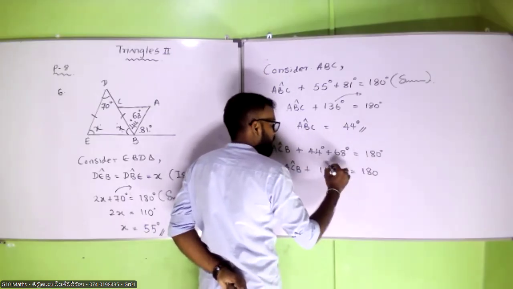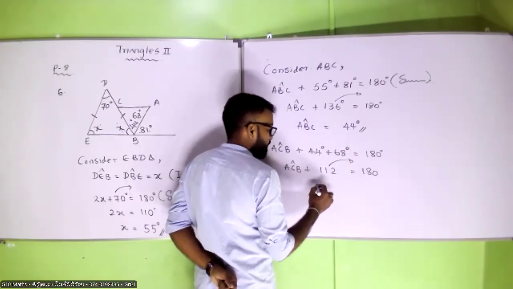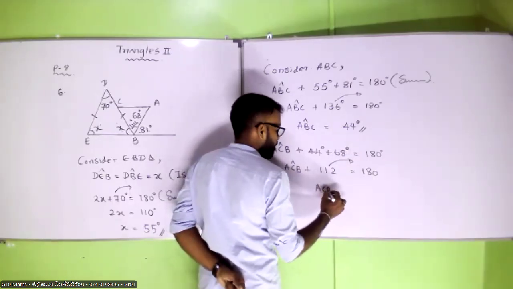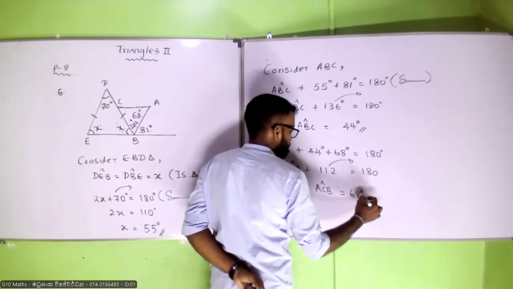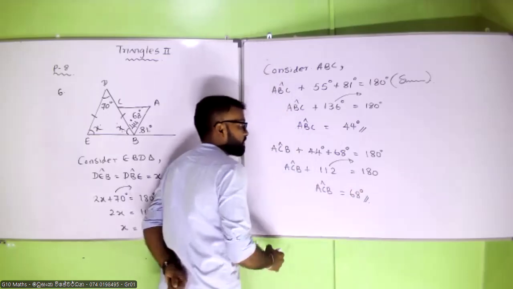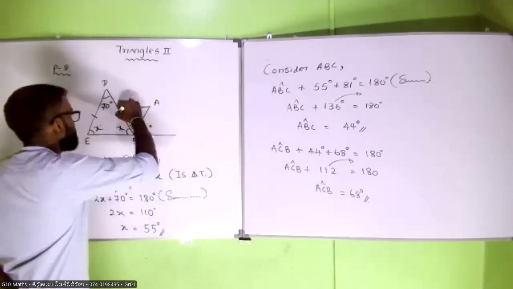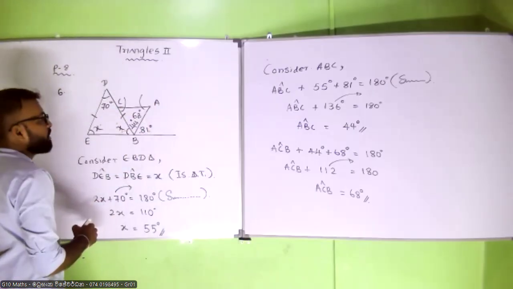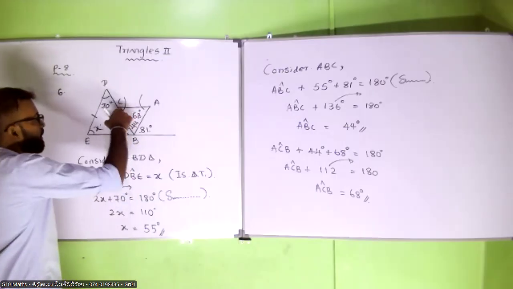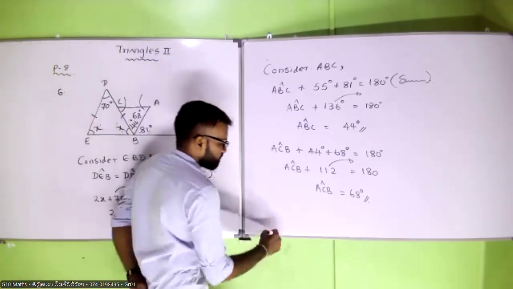Take this to the other side and subtract from 180. Angle ACB should definitely be 68. And also this one is 68.